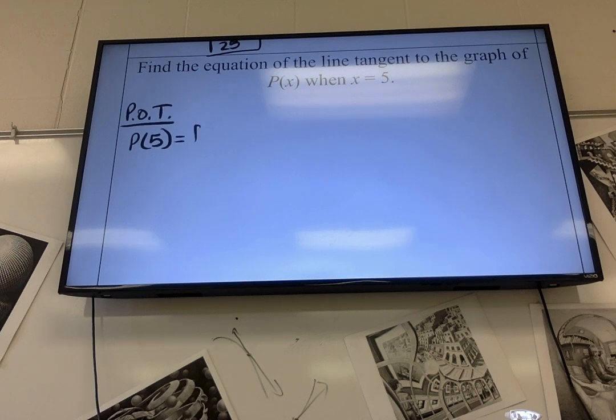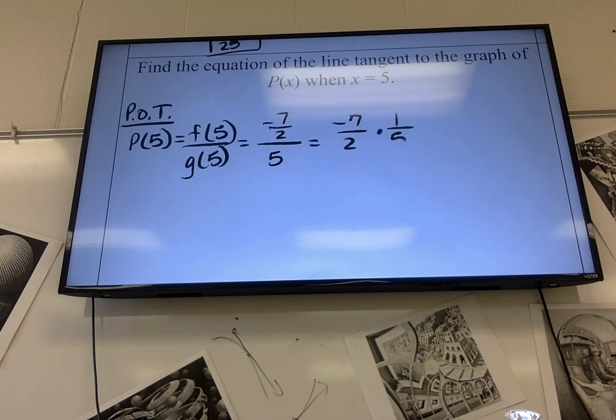So that's f of 5 over g of 5. F of 5 was negative 3.5. And g of 5 is 5. So keep, change, flip. I got negative 7/10.